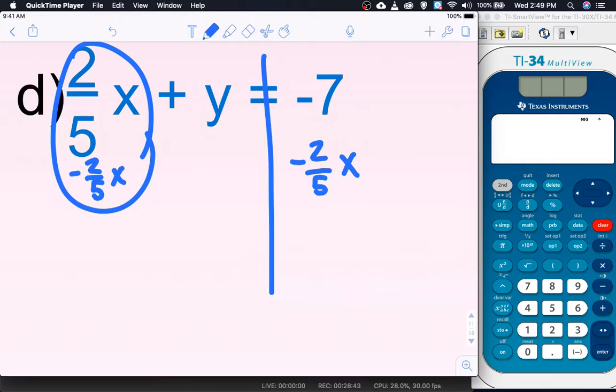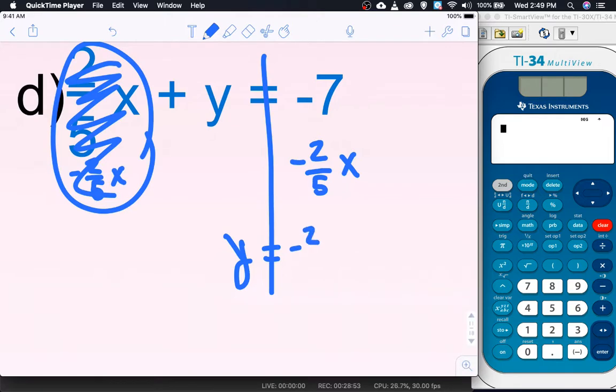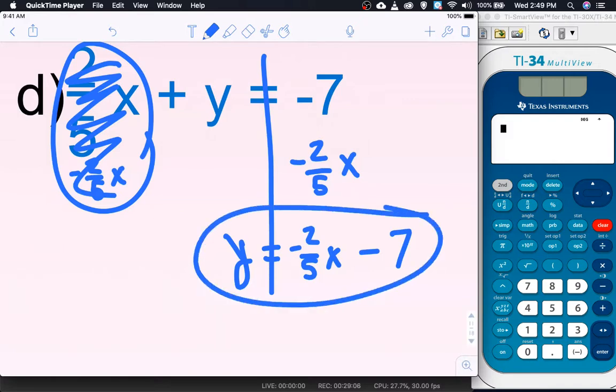So I'm subtracting 2/5 x on both sides. On the left-hand side, they cancel out, and we have y equals, which is kind of our goal. That's going to make this slope-intercept form. On the right-hand side, that negative 2/5 x and that minus 7 do not combine together. I'm just going to bring them both down, and we're actually done. That is slope-intercept form.